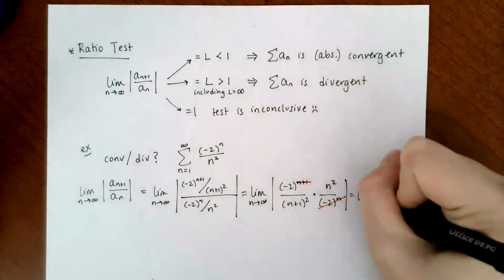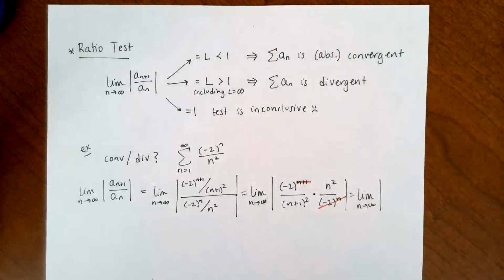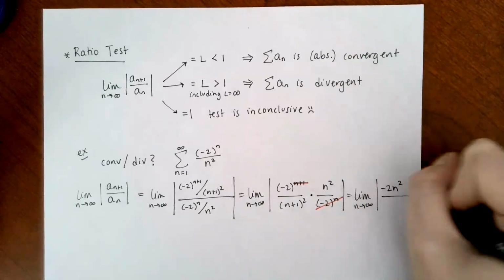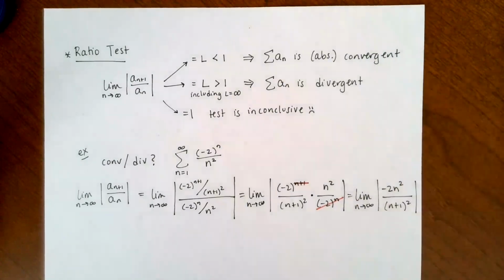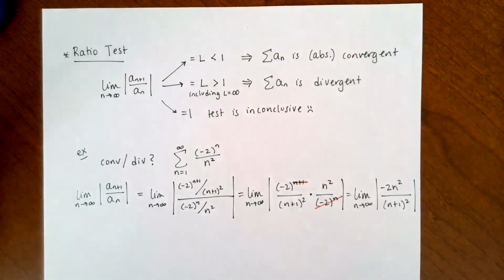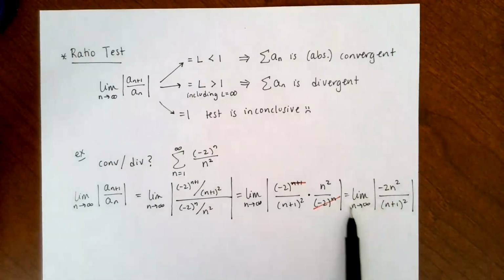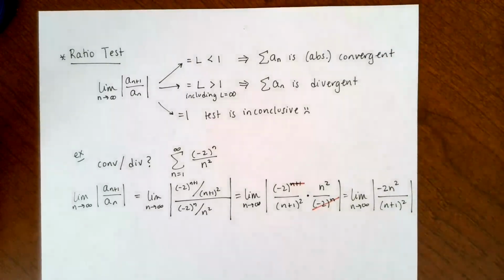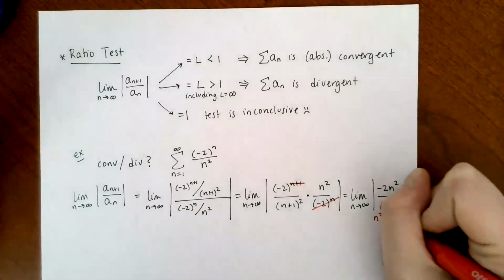So we have the limit as n approaches infinity. I'm going to keep those absolute values here for now. So I have -2 n squared, and then on the bottom we have (n+1) squared. So this limit without the absolute values would come out to -2, because I have (n+1) squared on the bottom, which is n squared plus 2n plus 1.